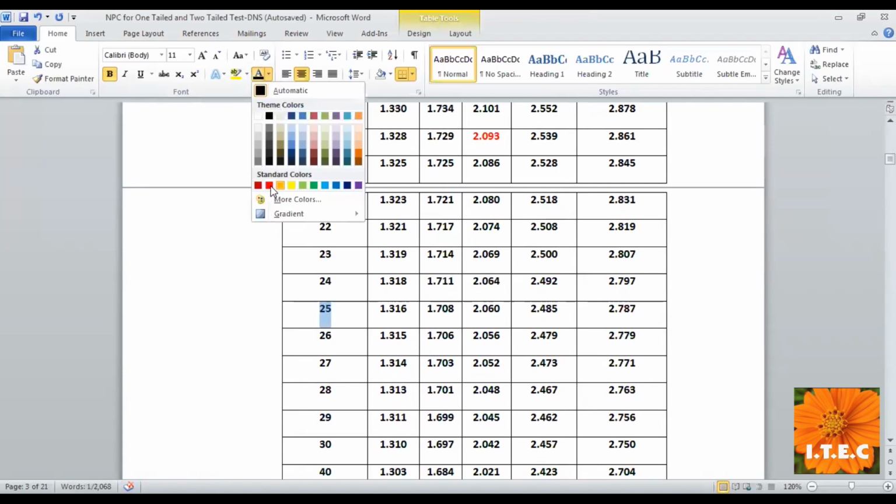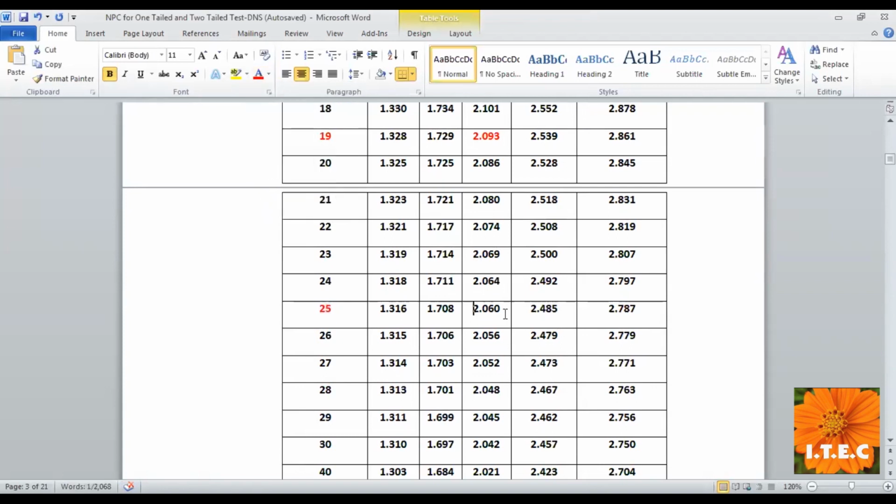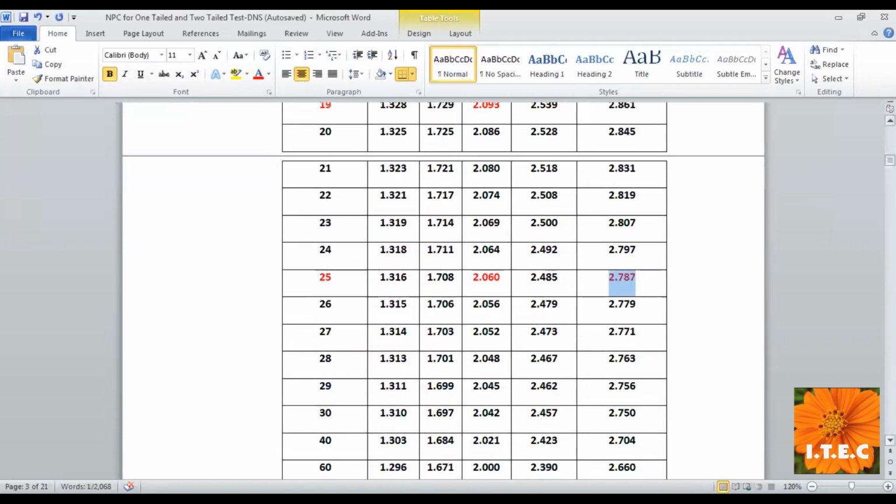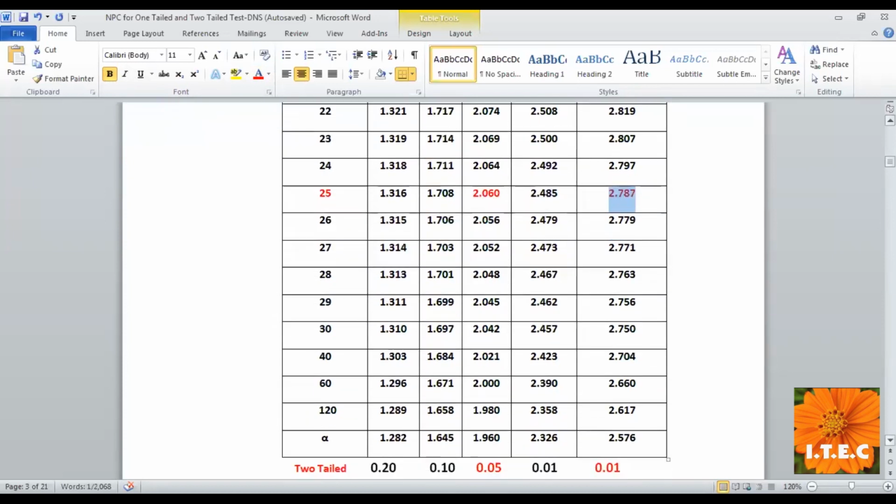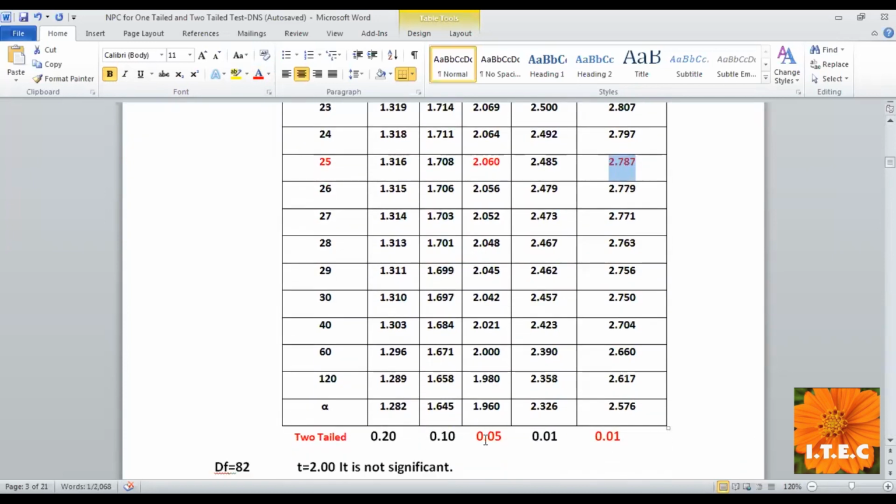And the value at 0.01 is what? This is 0.05 and this is 0.01. And my calculated value is 2.40. So tell me, is it significant at 0.05 level or 0.01 level? You can see here, this is 0.05, this is 0.01. At which level is it significant?